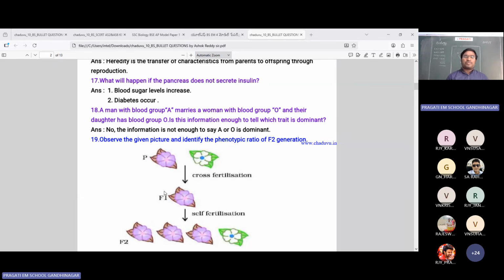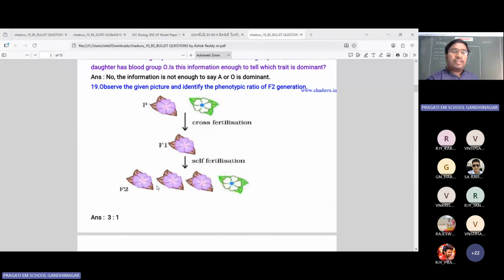No, here there is no extended information about the generations. So it is not sufficient. No, the information is not enough to say whether A or O is dominant basing on the statement.